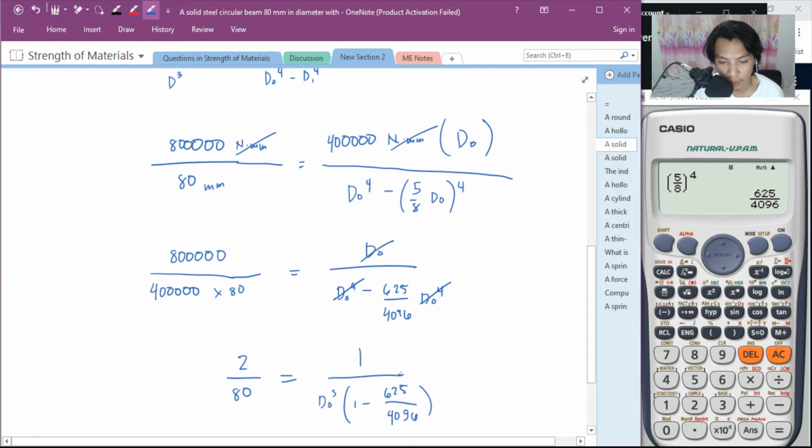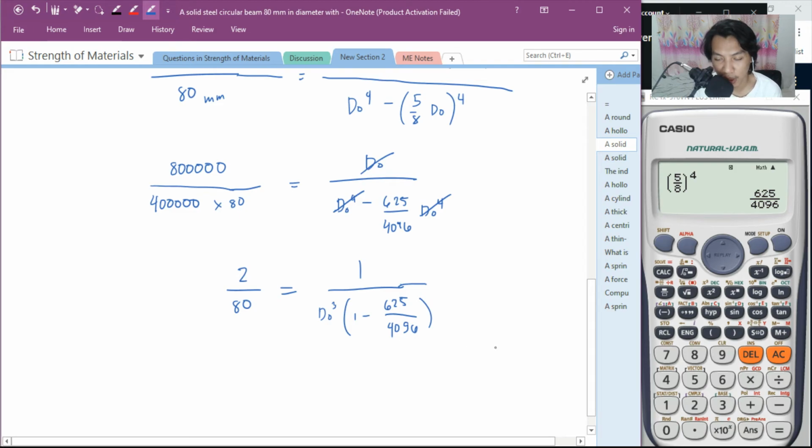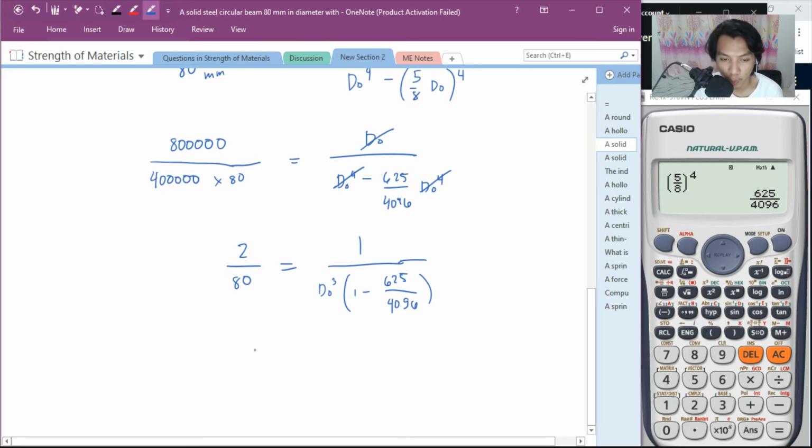Okay, Do cubed. Don't mind the unit; what will come out is mm cubed. So, I move the Do to the other side: Do cubed equals 80 over 2 times 1 minus 625 over 4096. Okay?